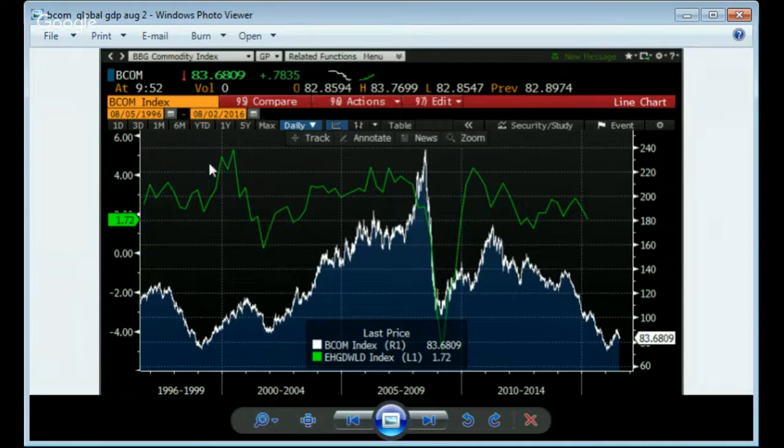World GDP, right from here. So this is the main point I'm going to be making here when it comes to this entire discussion.